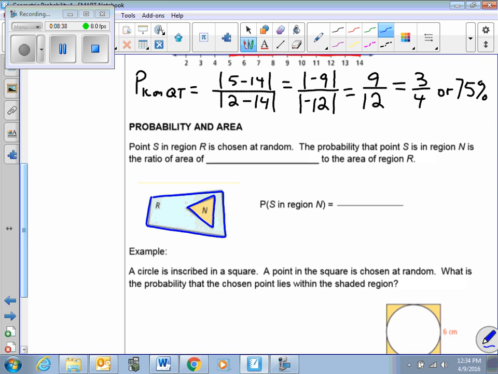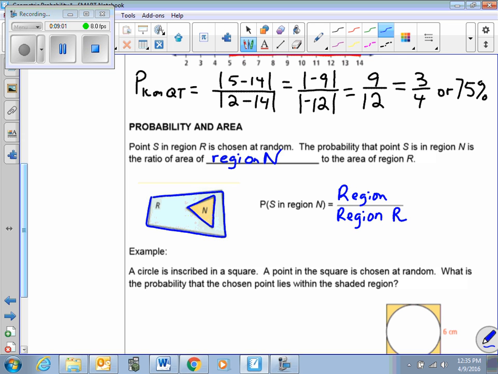So once again, I'm going to take the area of region N and divide it by the area of region R, because region R is the total and region N is the favorable.